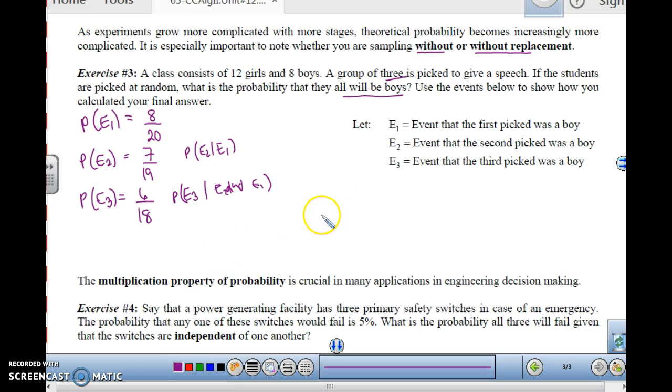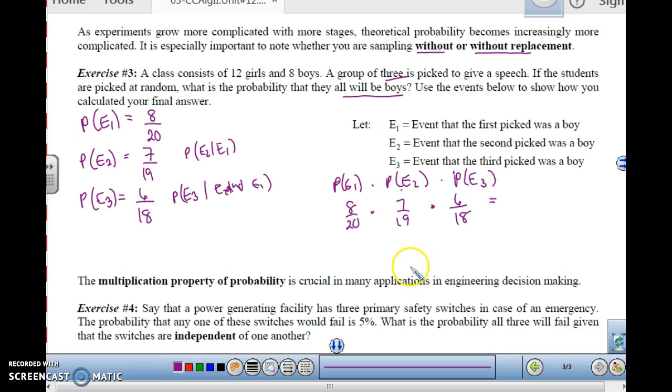So we want to figure out the probability of getting 3 boys. So we want the probability of E1 times E2 times E3, because the probability of getting 3 boys would be first boy, second boy, third boy. So it would be 8 out of 20 times 7 out of 19 times 6 out of 18.